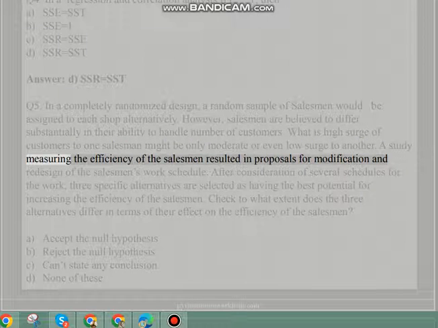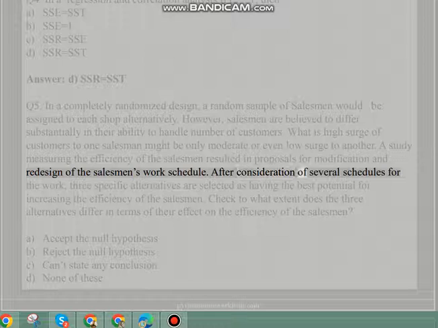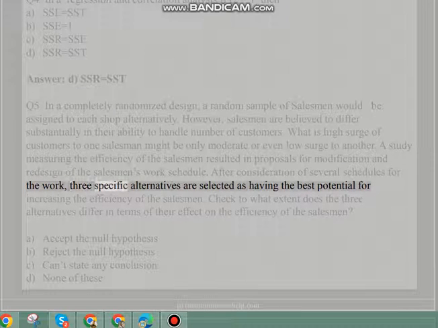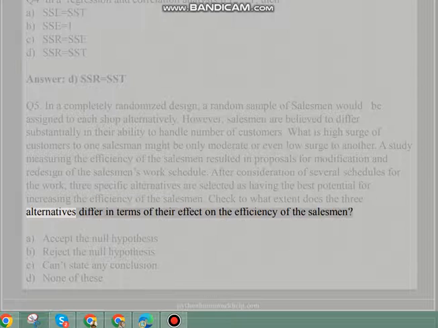A study measuring the efficiency of the salesman resulted in proposals for modification and redesign of the salesman's work schedule. After consideration of several schedules for the work, 3 specific alternatives are selected as having the best potential for increasing the efficiency of the salesman. Check to what extent the 3 alternatives differ in terms of their effect on the efficiency of the salesman?